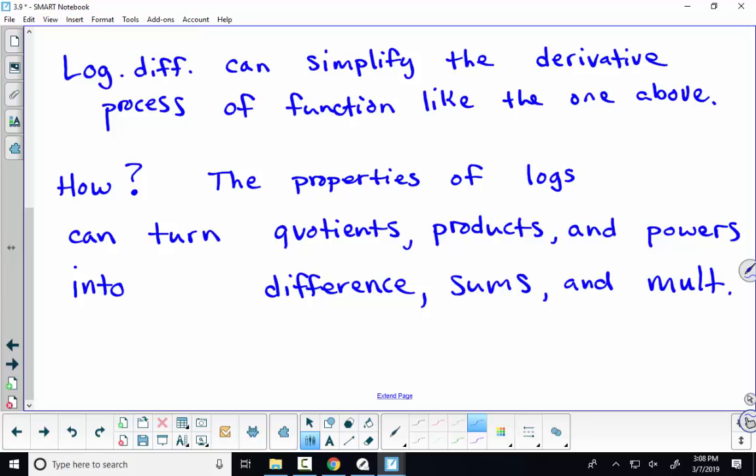Quotients turn into differences, products turn into sums, and powers turn into multiplication.